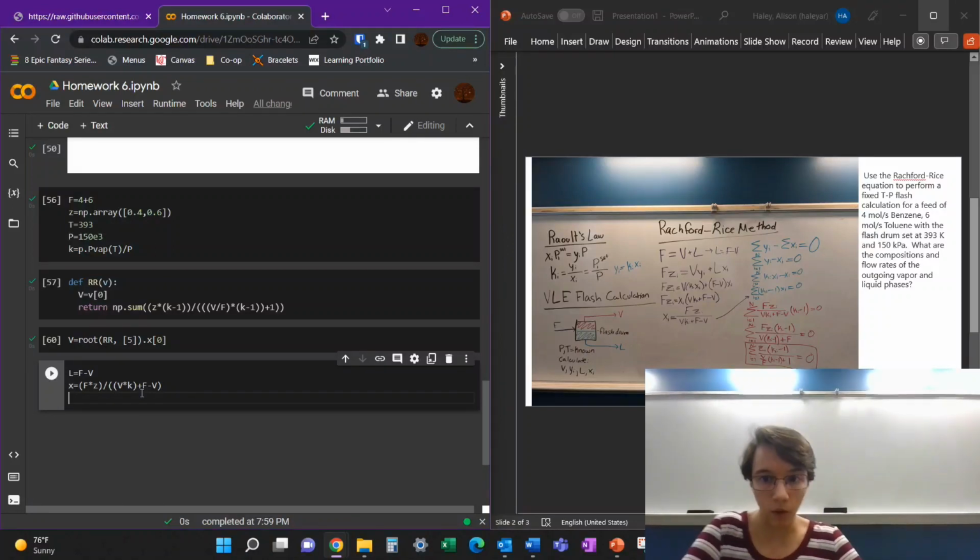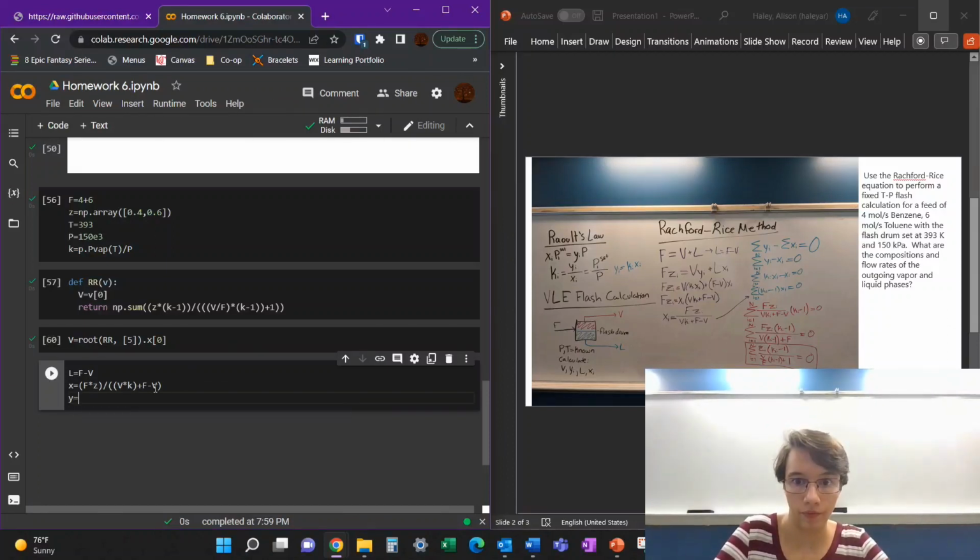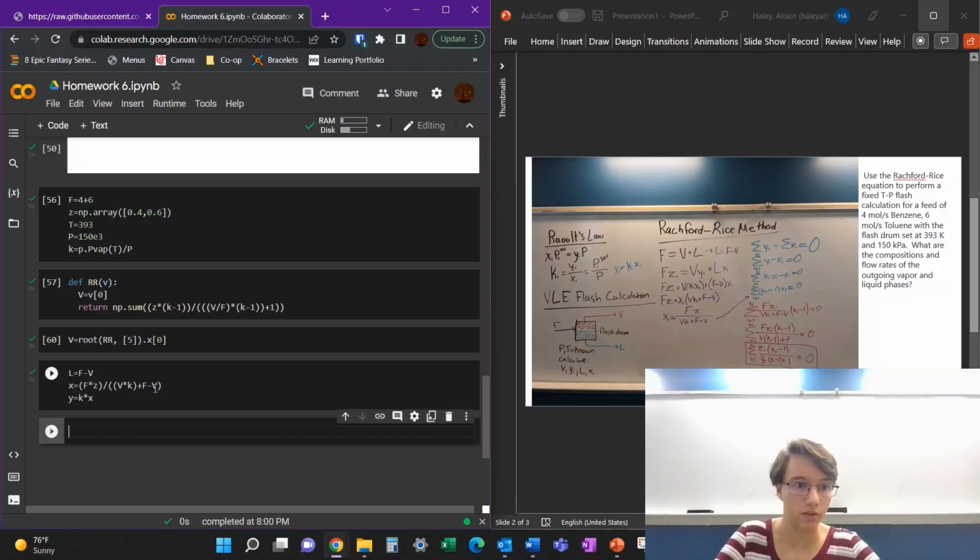And then for Y, we can use this equation for K up here. So Y is just going to be K times X. Alright, and then we can print out all of our results so that we can see them. So we're going to run a print, and we can use F strings to print.